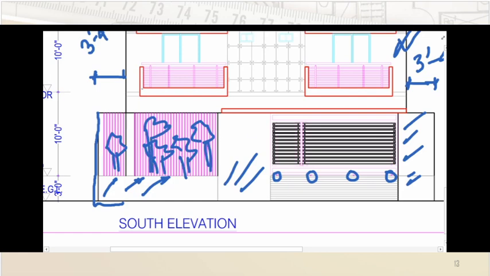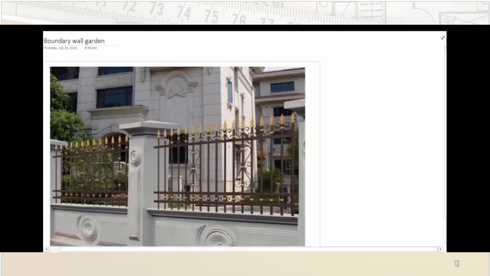They might include some grills over there for gardening purposes. One example of a boundary wall garden might be this one. Sometimes there are boundary walls like this one, these portions you see, and some other portions are solid, while some portions are left over for gardening purposes.